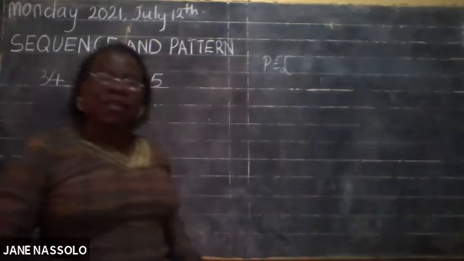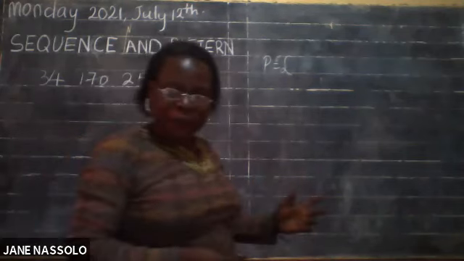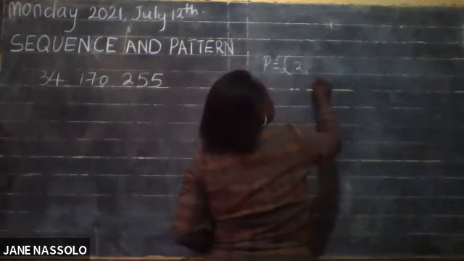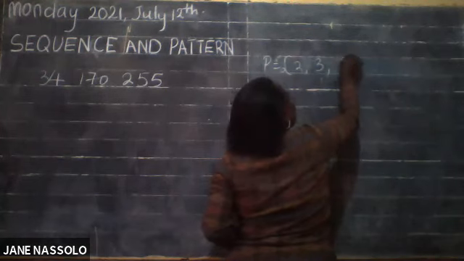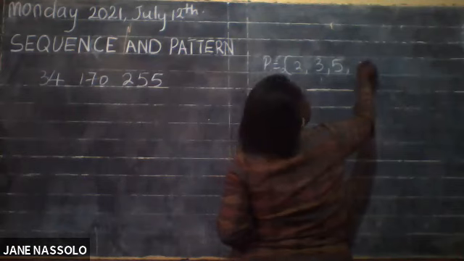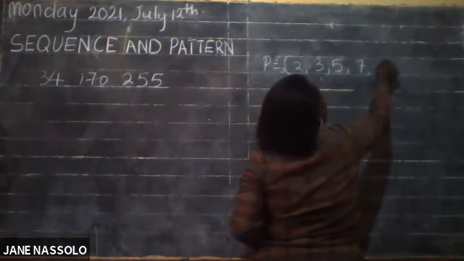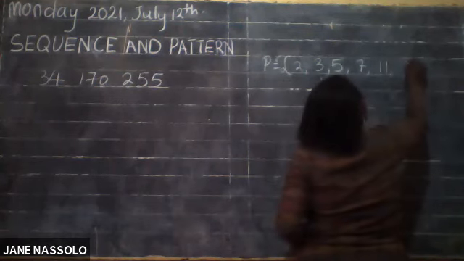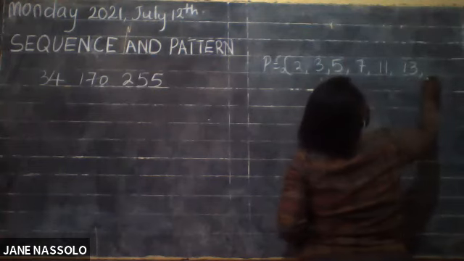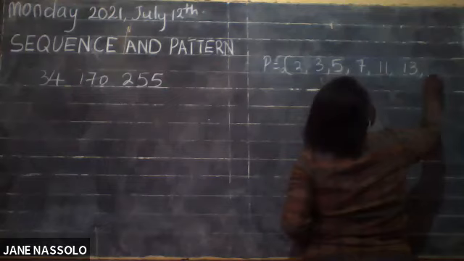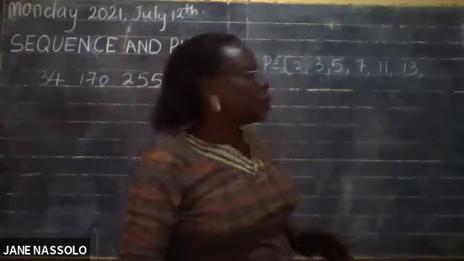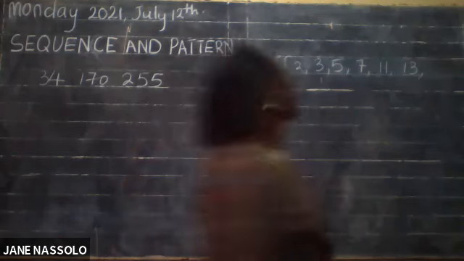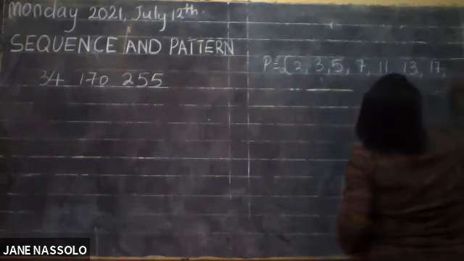So we have a list of the prime numbers. Can you guide me with a list of prime numbers, beginning with the first one? 2. Thank you. 3. 5. 7. 11. 13. 17. 19.